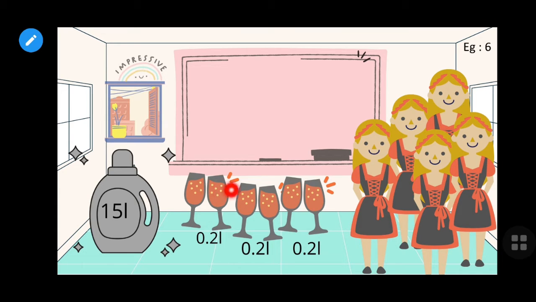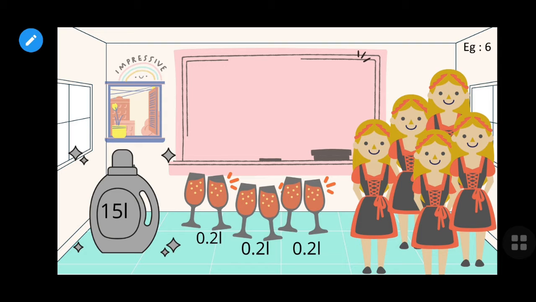Each glass can hold 0.2 liters. Now the problem is how many children can get this juice. If they pour this juice into all these glasses, how many? They have a lot of glasses. They want to know how many glasses this can be poured into.